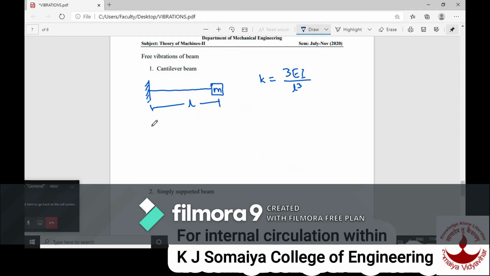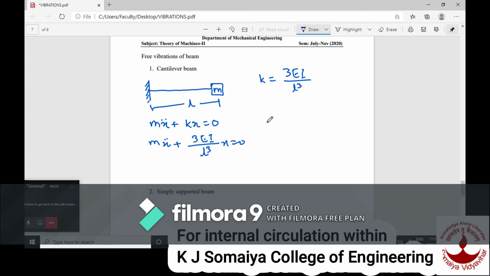So if I write the equation m x double dot plus k x equal to 0, k can be replaced with this, giving m x double dot plus 3EI divided by L cube into x equal to 0.